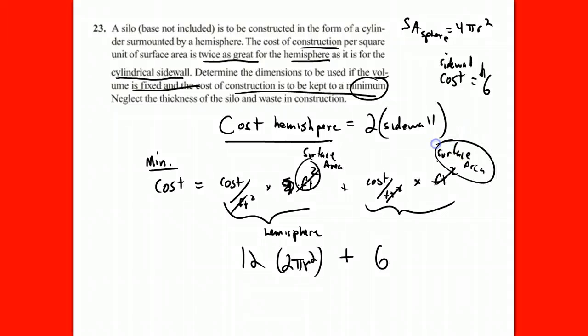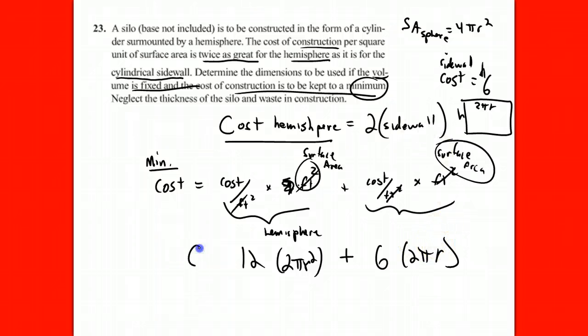And then the surface area for the sidewall: if you have a cylinder, you slice it and unroll it, and what you have is a rectangle. When you unroll it, the length of it is the circumference, 2 pi r, and the height of the cylinder is the height of that rectangle. And so you end up with 2 pi r h for the area of the lateral sidewall.